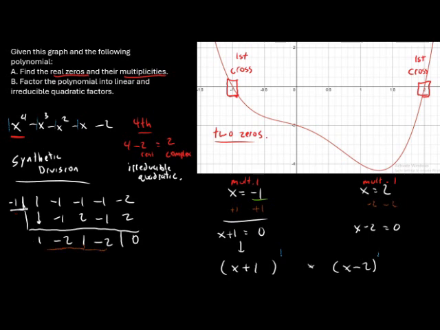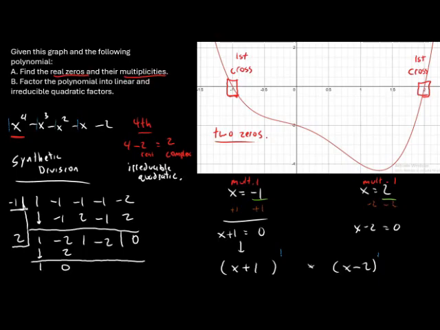We'll repeat this process for the other zero. We'll now divide our remaining coefficients with x equals +2. That was our other real zero. We'll begin again by bringing the 1 down. We'll take 1 times 2 to get 2. And then -2 plus 2 gives 0.